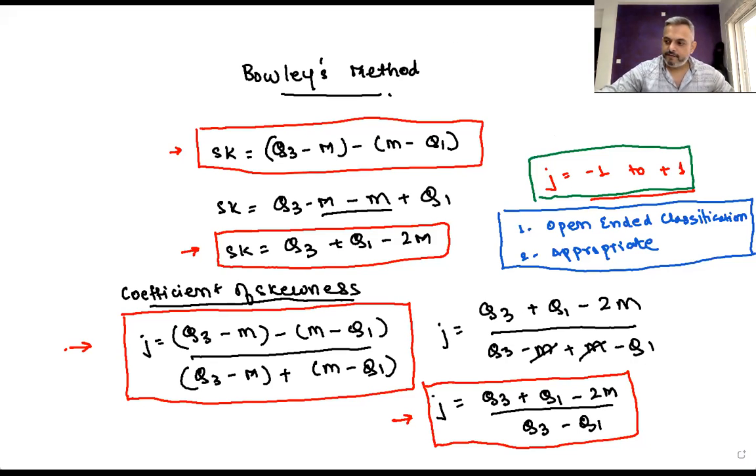So please write this, and let's start with the sums. We'll start with the discrete sums first. We'll do one discrete sum, then one continuous. Then we will do some comparison sums where two data sets are given and we compare. That we'll be doing using Karl Pearson.